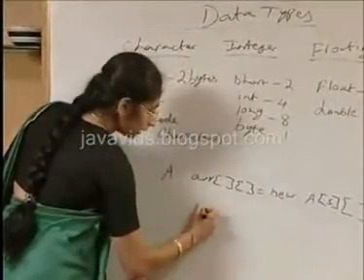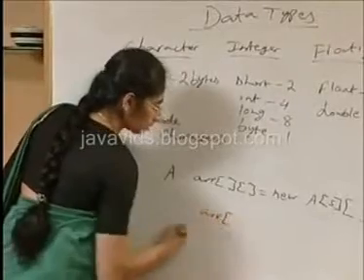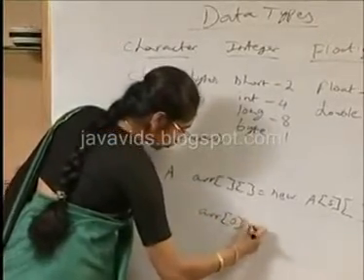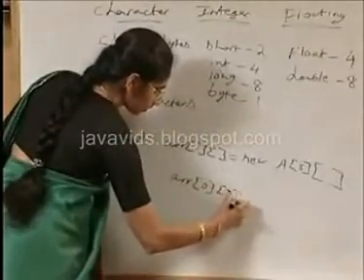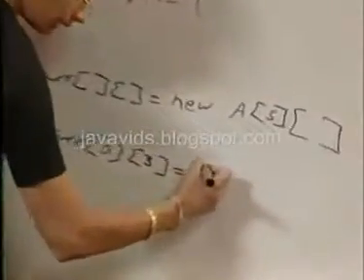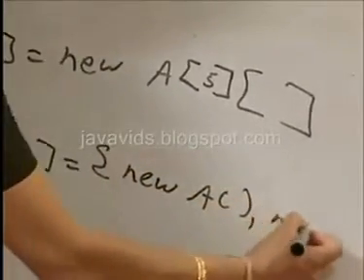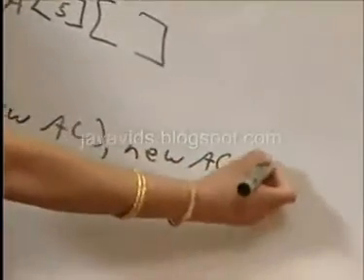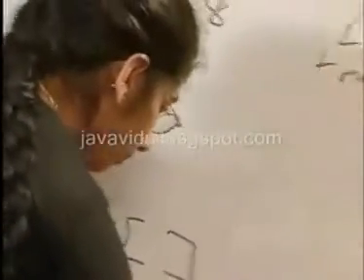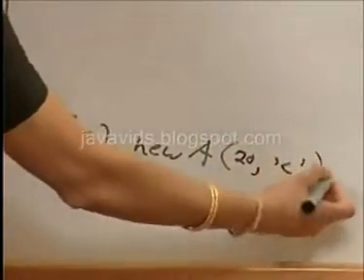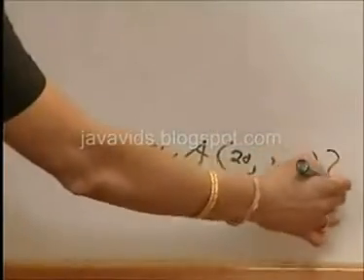For example, you can say ARR of 0 of 3 is equal to, then create an instance here, likewise.